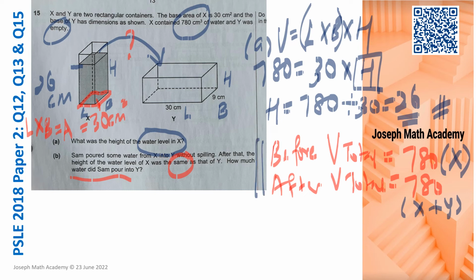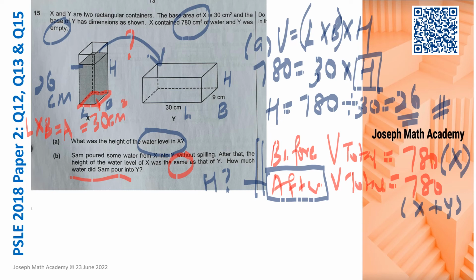So to do this, we are supposed to find the common height after. What's the common height after? We want to find out the same height for the two containers. So what we will normally do is use an unknown value for height, and use the formula. Let me write down for you to understand better.